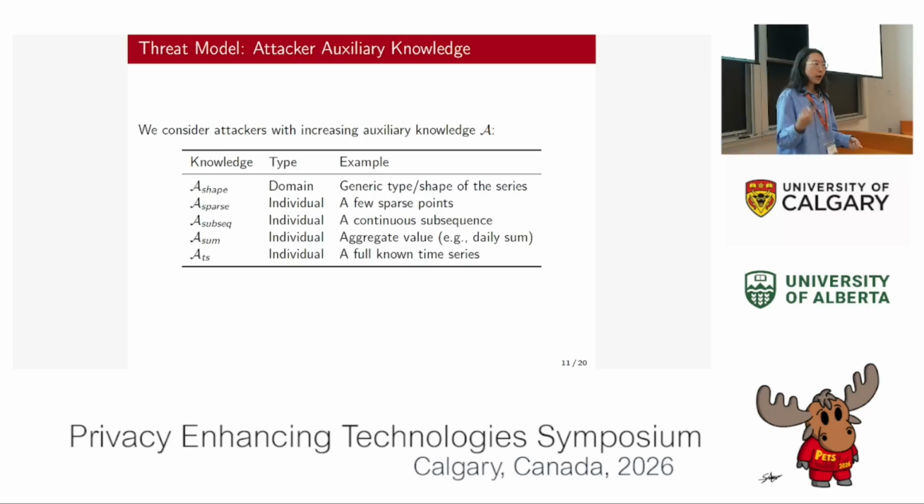In our privacy attacks, we consider a threat model where the attacker can have different types of auxiliary knowledge. We consider attackers ranging from having weak knowledge, knowing only the generic type or the shape of the time series, to a strong attacker that can even know the full time series of an individual.